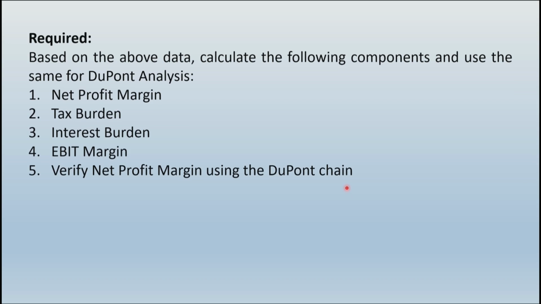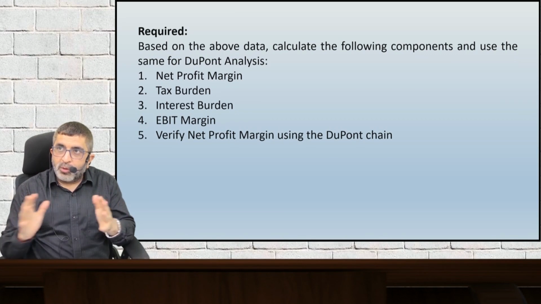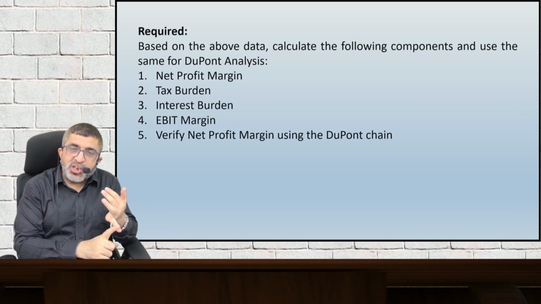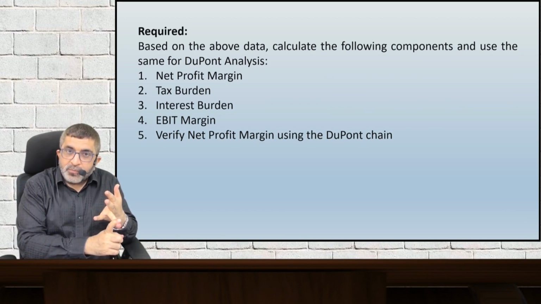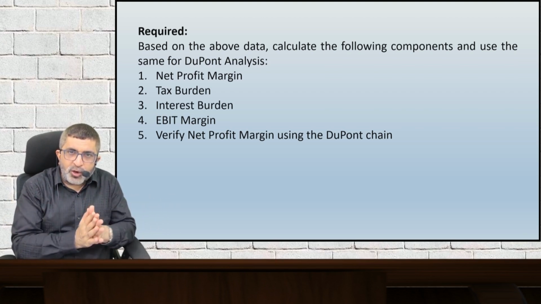So actually speaking, we don't have information about the return on equity over here. That means the detailed analysis, the whole thing cannot be done. You don't have information about total assets, you don't have information about equity. Because of this missing information, the whole DuPont analysis cannot be made.